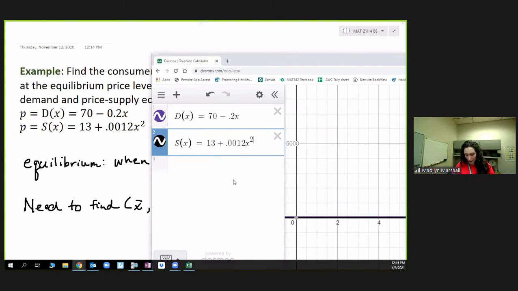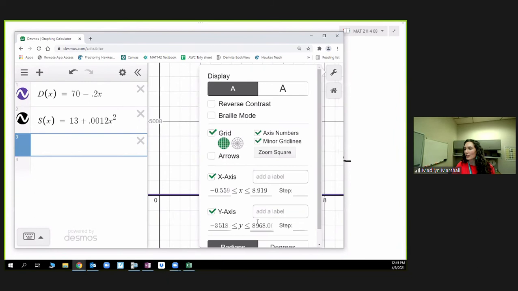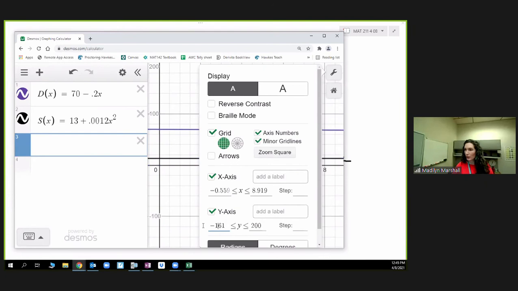So we have our supply and demand equations. So right now this is not a good scale. We can see those two squished down here. So I'm just going to change y to be 200 just as sort of a guess. And the bottom should be like -1.